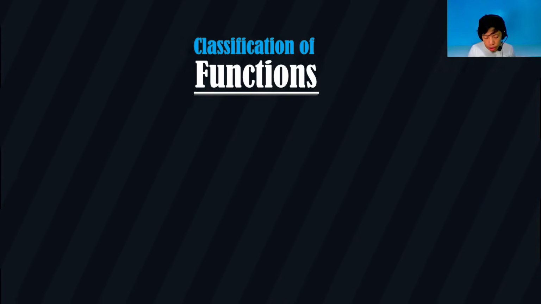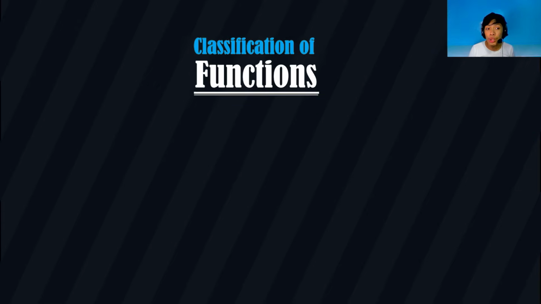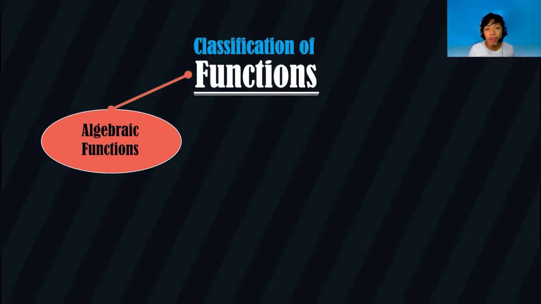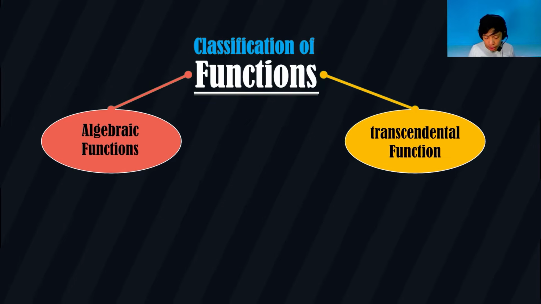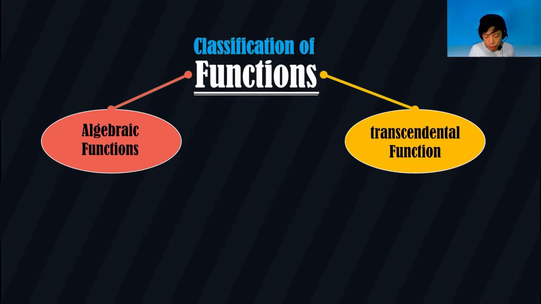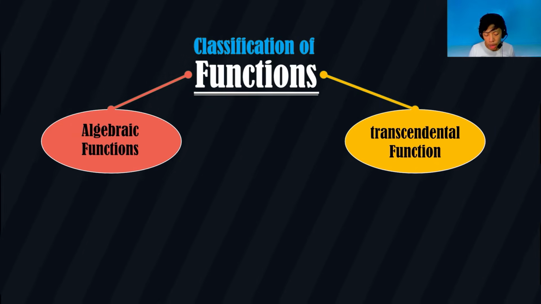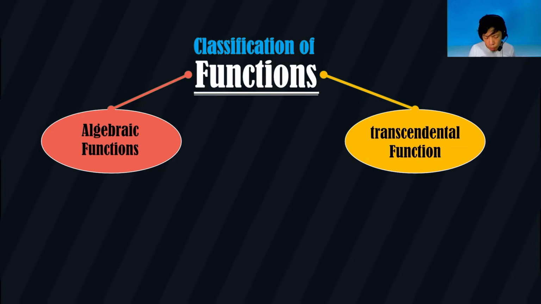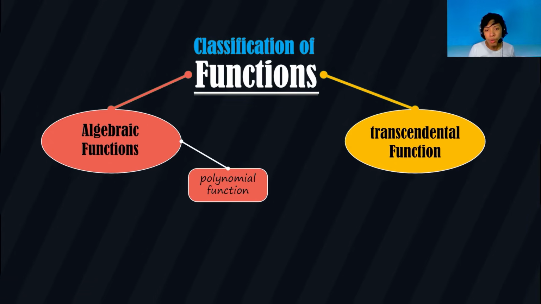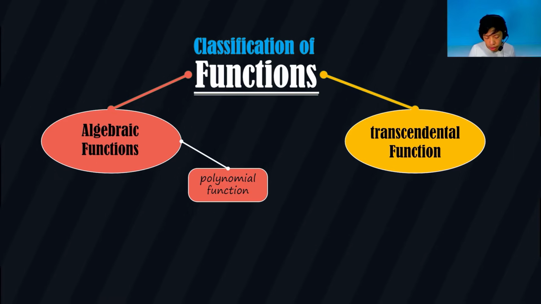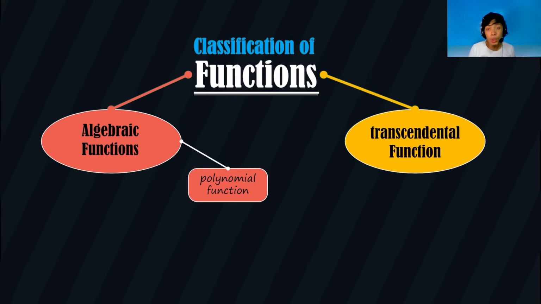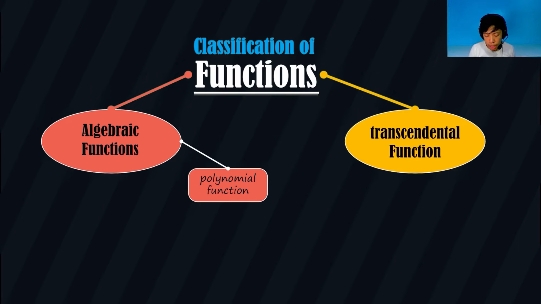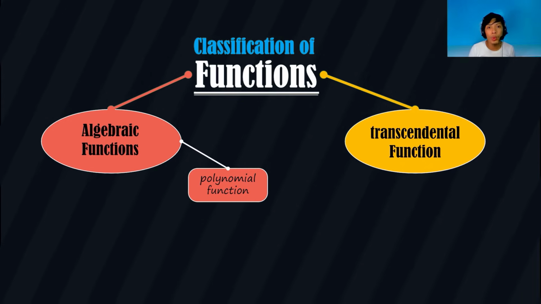The functions are classified as either algebraic or transcendental functions. An algebraic function in the form of f of x, y is equal to f of x, is classified further as polynomial functions. A polynomial function is such that all terms of the function contain x with a whole number exponent.